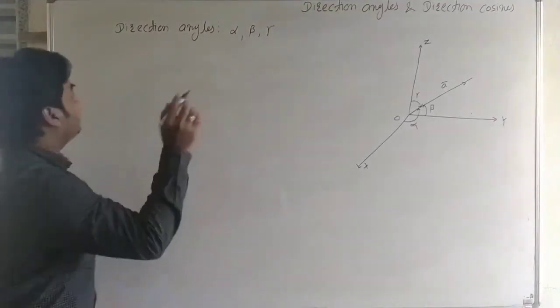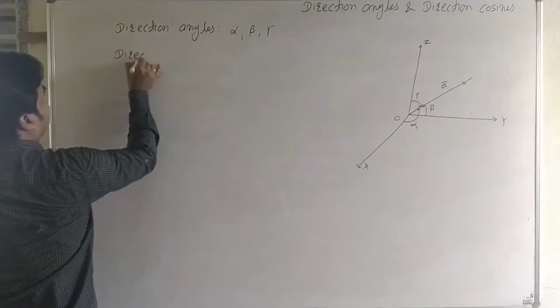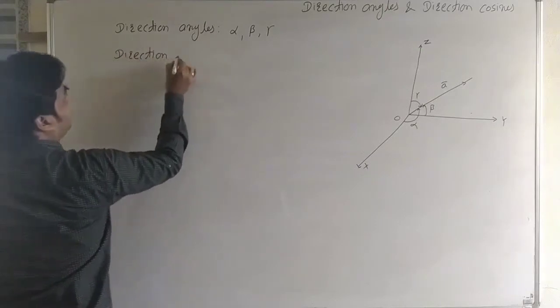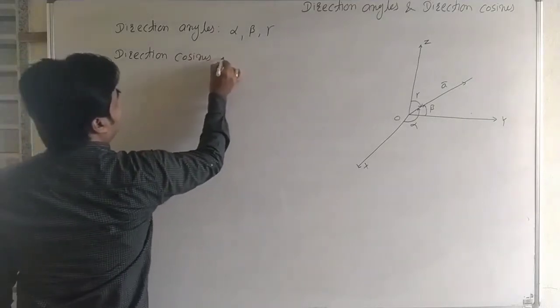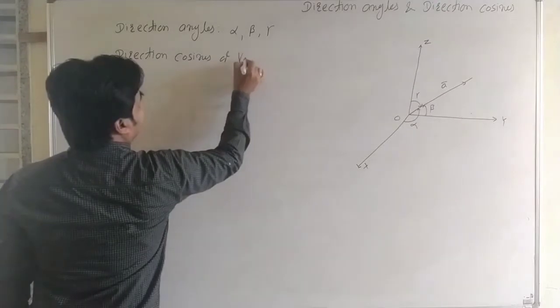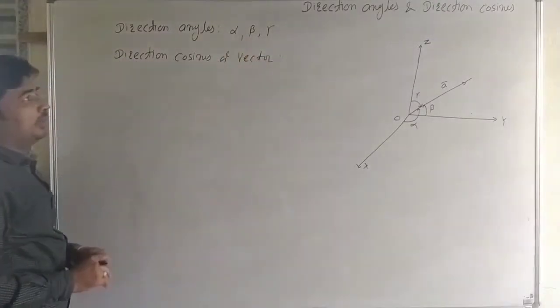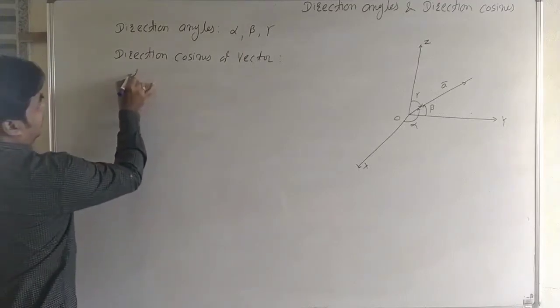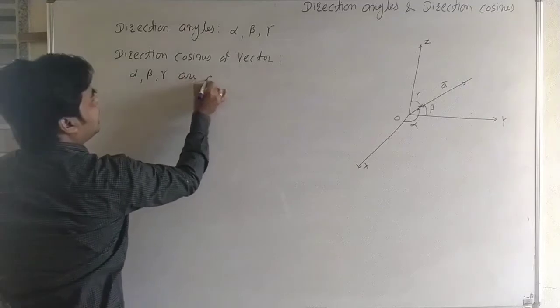Now next is direction cosines of a vector.